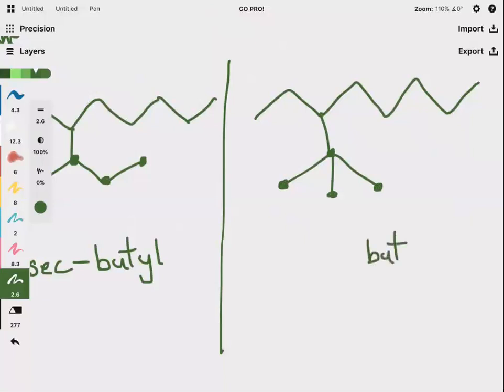The functional group is still a butyl because there's 4 carbons. 1, 2, 3, 4. But look how they're structured. They're all branching off of 1 carbon. We call that a tert. That's a tert butyl.